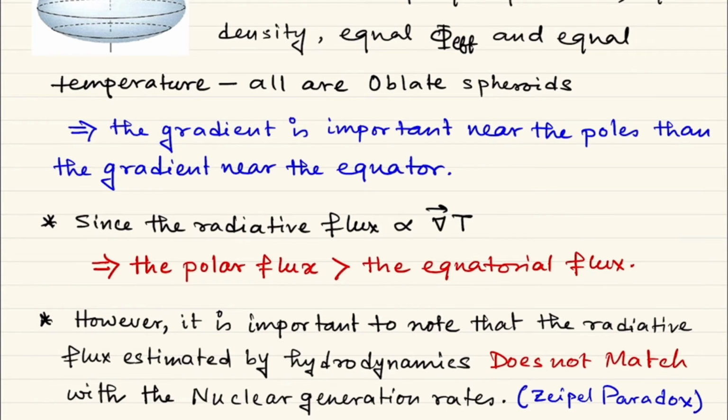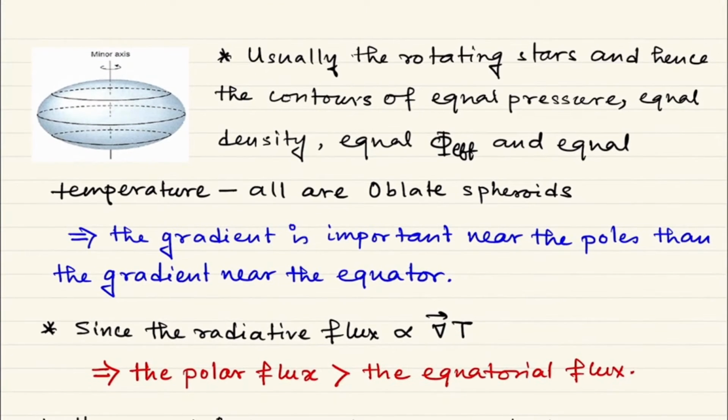So for example, from rotation of a compressible fluid we can see that the isopressure, isodensity, isotemperature, and iso-effective-gravitational-potential contours are all parallel, either parallel or coinciding with the oblate spheroids.